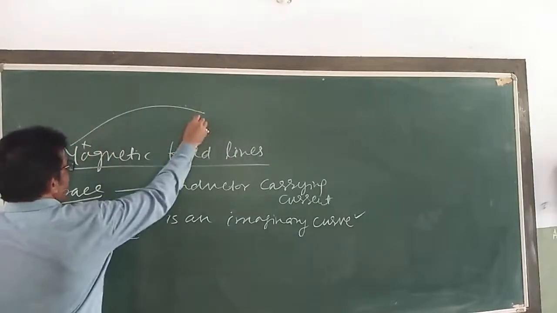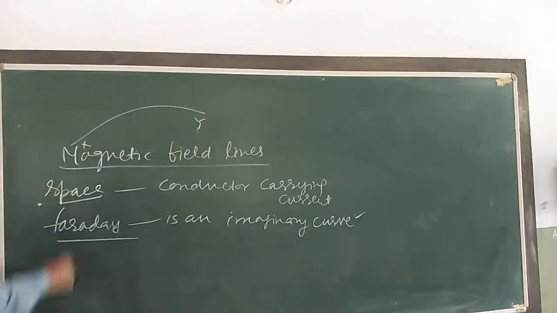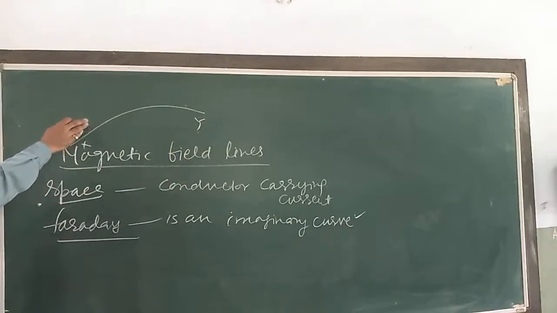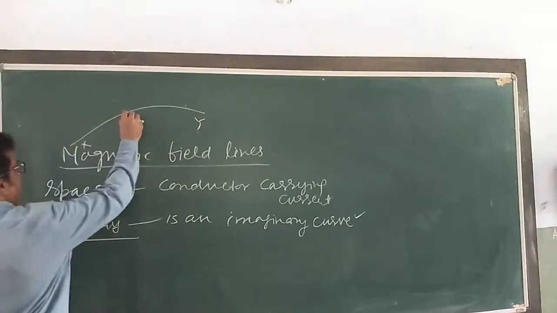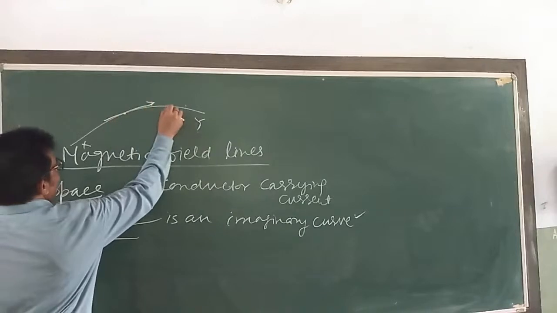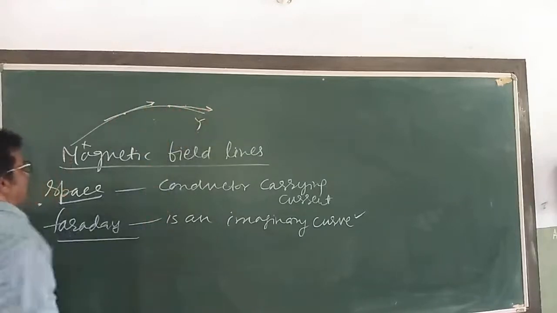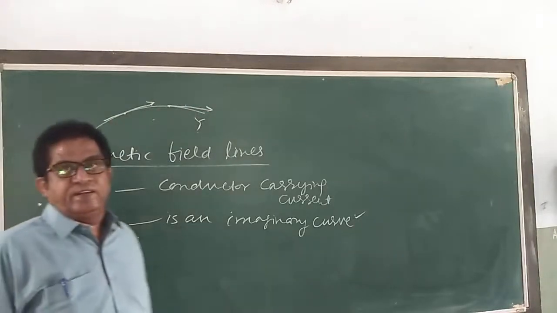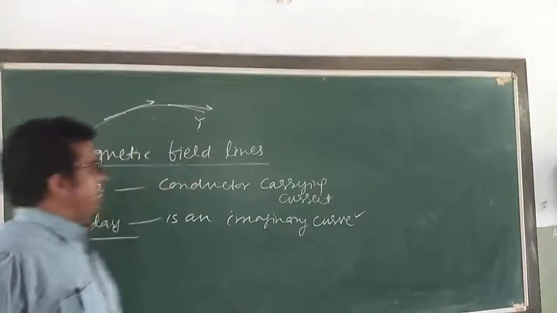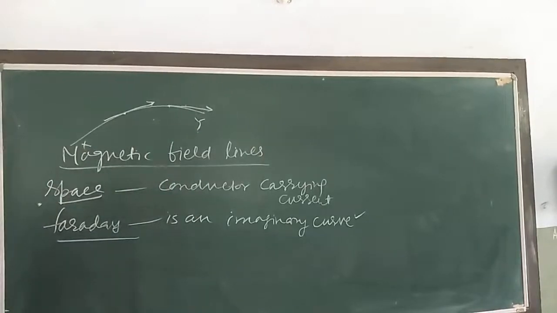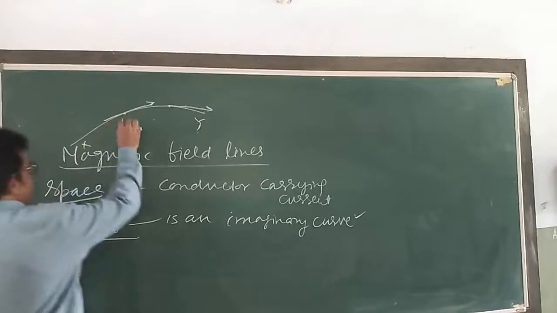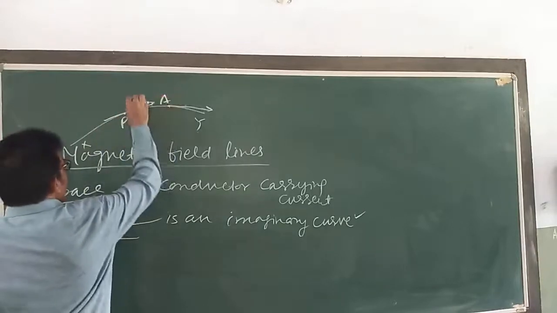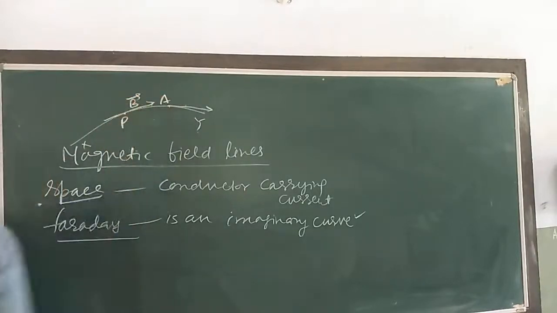Say this is the magnetic field line, an imaginary curve, the tangent to which at any point gives us the direction of the magnetic field B at that point. Here you can say this is the point P or A. This tangent gives the direction of the magnetic field.